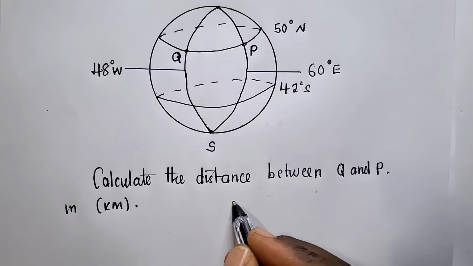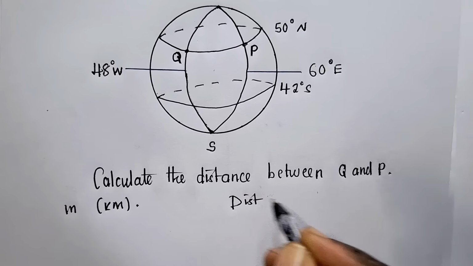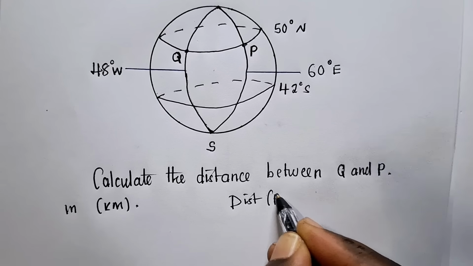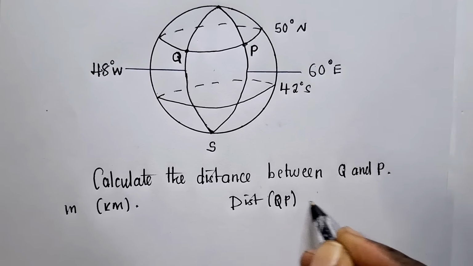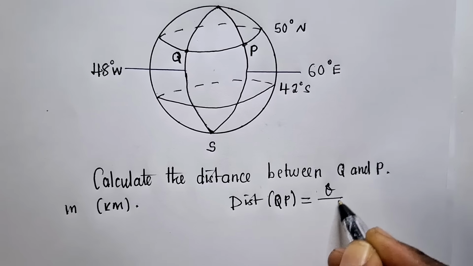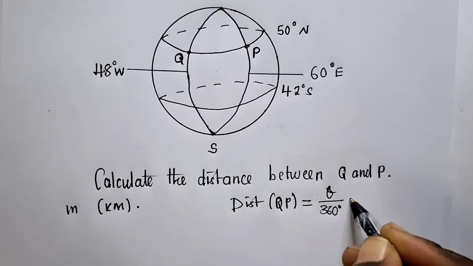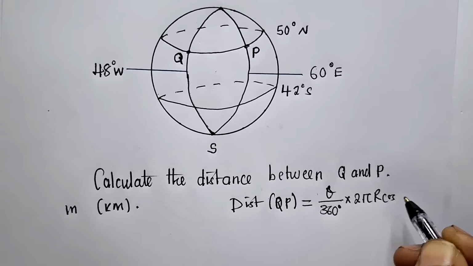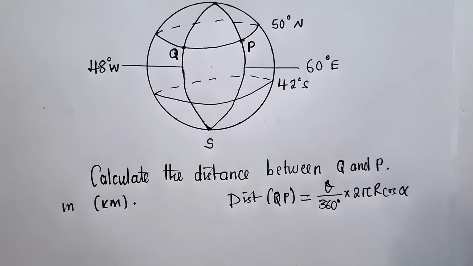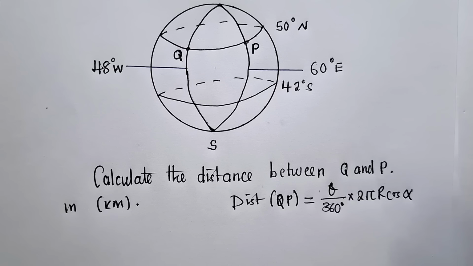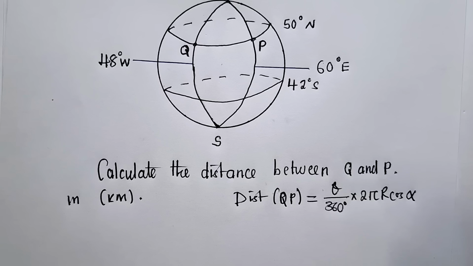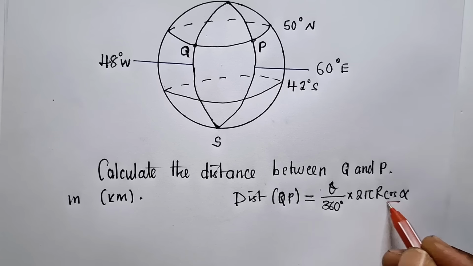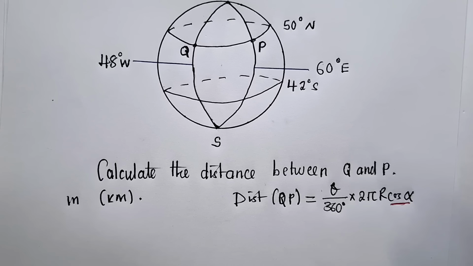So here you're going to say distance between Q and P is equal to theta over 360 degrees times 2 pi r cos alpha. You can see that the formula I'm using here is almost the same as the formula for longitude. The only difference is that here there is this cos alpha.